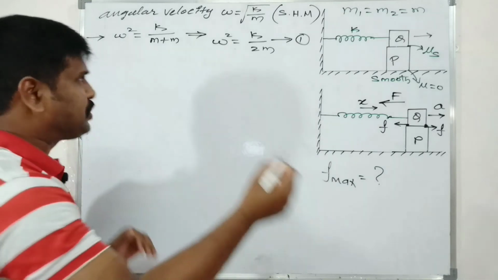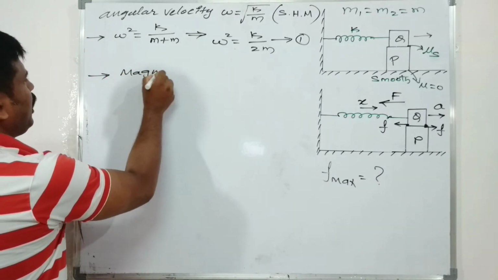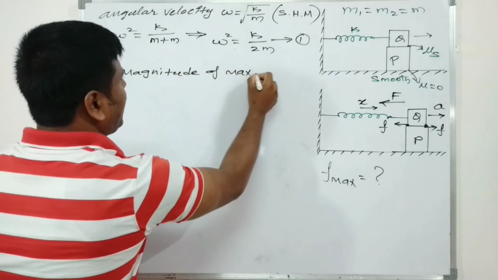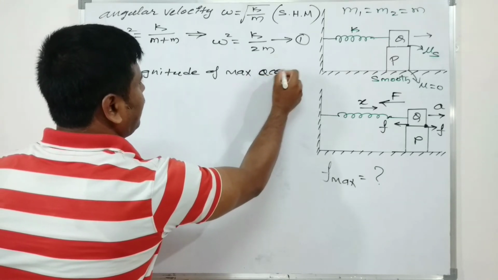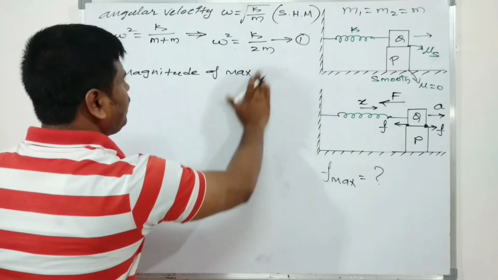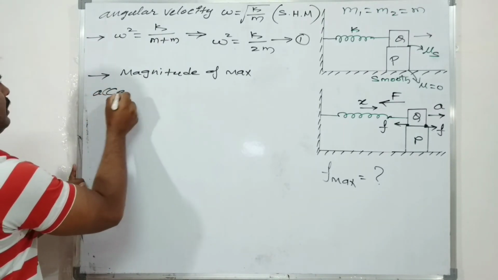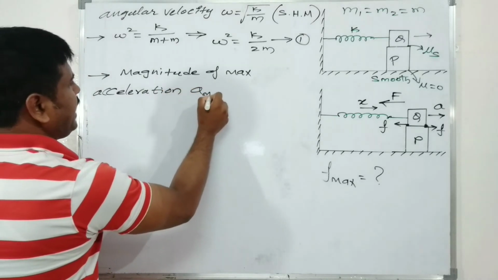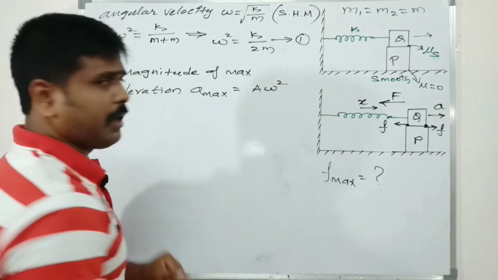The next point is the magnitude of maximum acceleration. So the maximum acceleration, that is A max, is equal to A omega square.